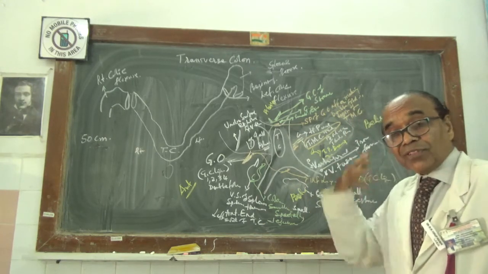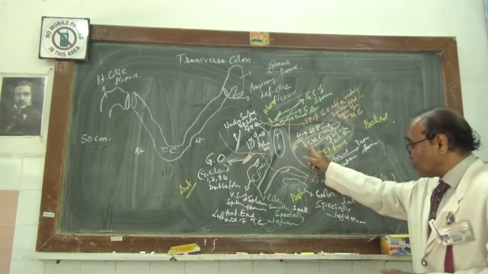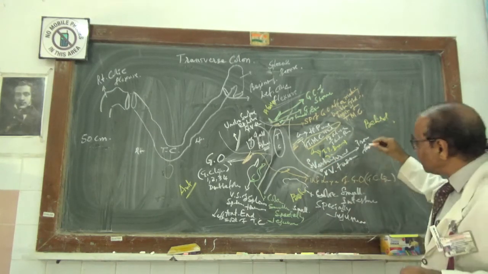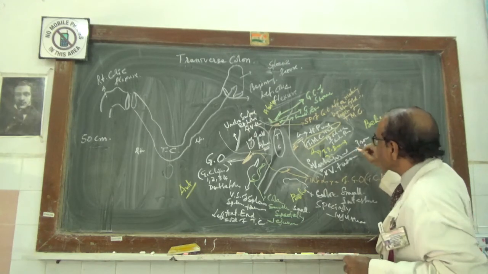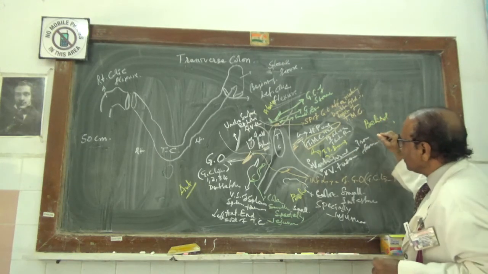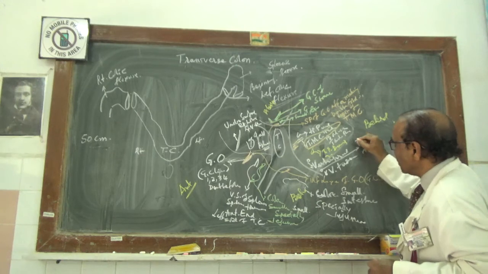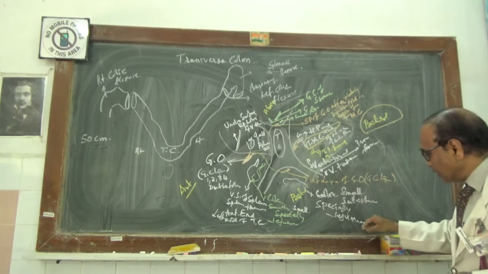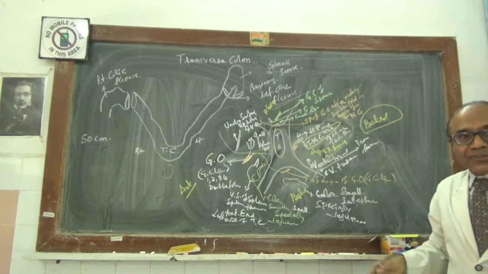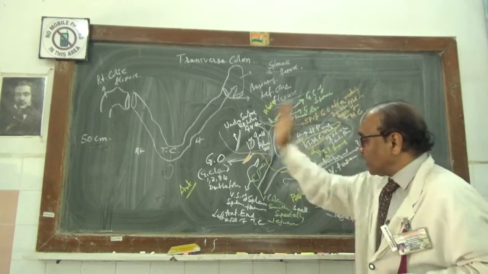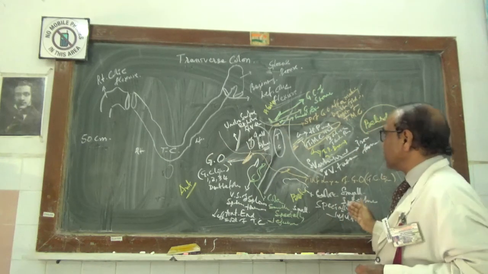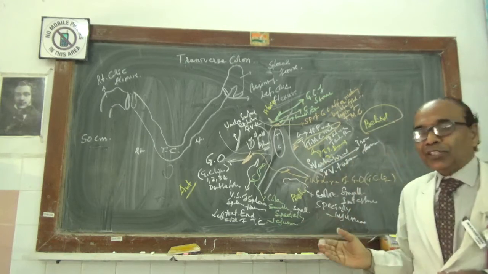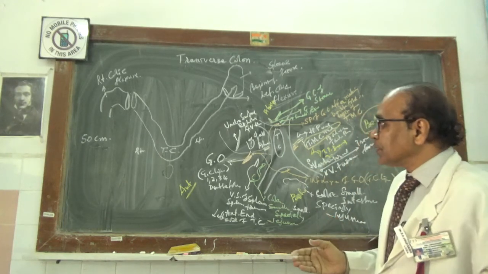Then after having had them, one thing we had forgotten to tell over here, at this point: the behind relations. Behind relations for the transverse colon, when it runs from right to left, you will have some other structures very close by.